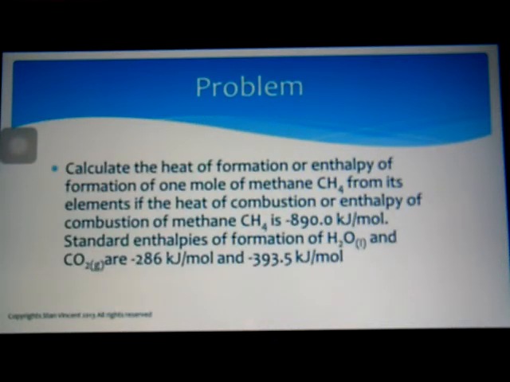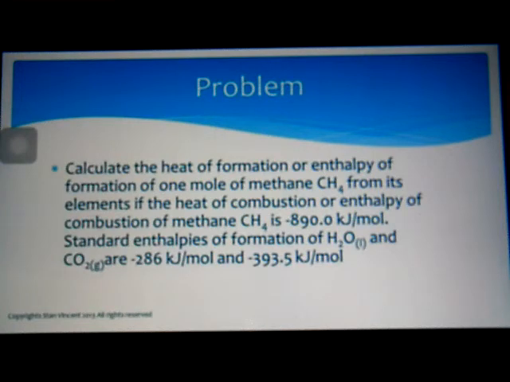Here is a question for you. Calculate the heat of formation, or enthalpy of formation, for 1 mole of methane gas from its elements, if the heat of combustion, or enthalpy of combustion, of methane is minus 890.0 kilojoules per mole. Standard enthalpies of formation of water and carbon dioxide are given.